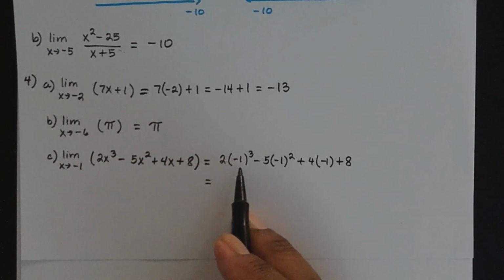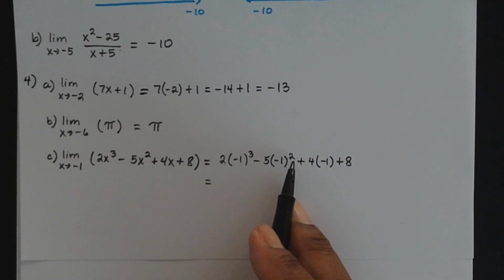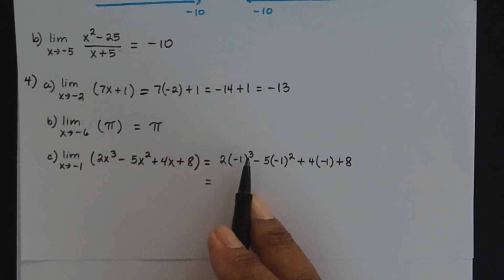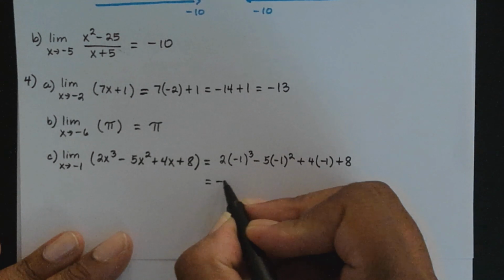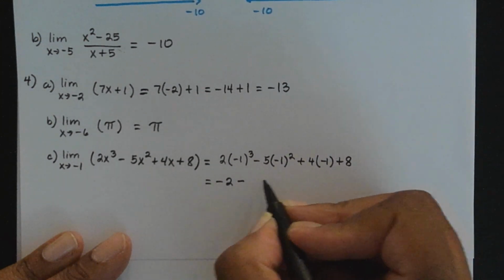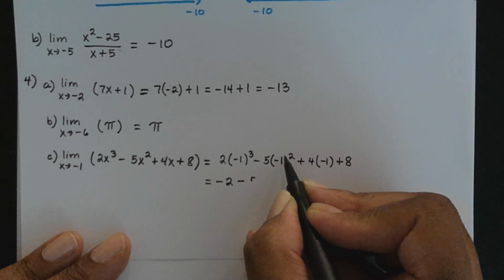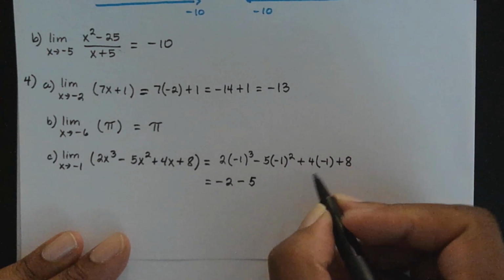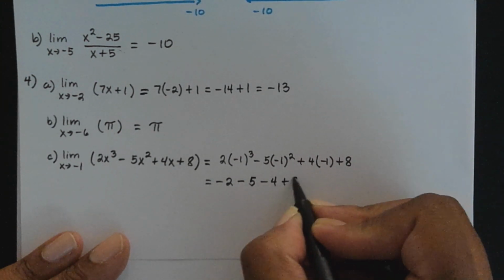Okay, now I know a negative, this is going to be easy. -1 to an odd power will be -1, and -1 to an even power will be +1. So if I cube -1, that'd be -1 times the 2 in front, which would be -2, minus, square the -1, that'd be +1 times that -5 will be -5. Plus 4 times that -1 would be -4, plus 8.